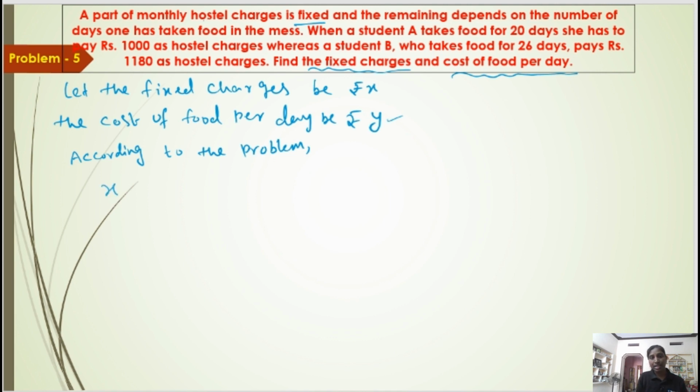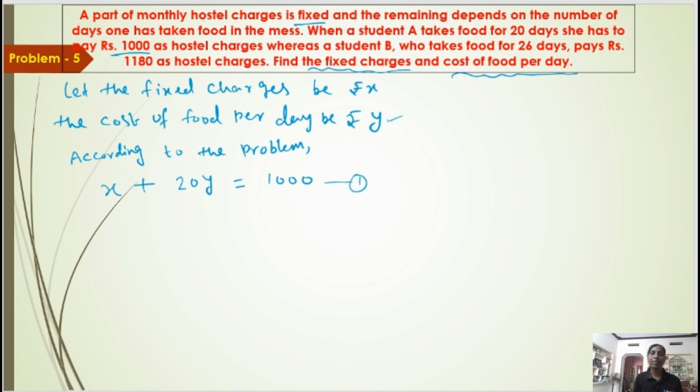Student A has to pay the fixed amount, that is x rupees, plus additionally the cost of food. A takes food for 20 days, so 20y. What is the total amount she has to pay? It is already given in the question, 1000 rupees. Clear? So it is equation number 1.